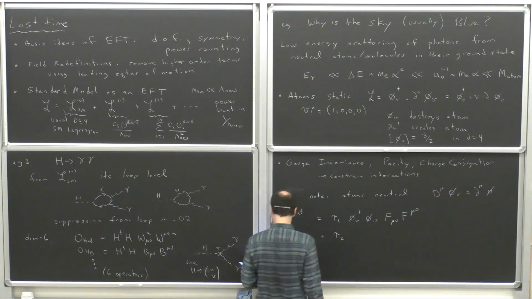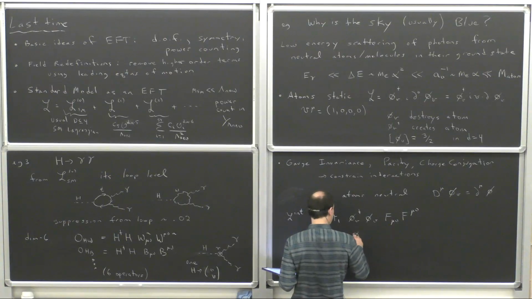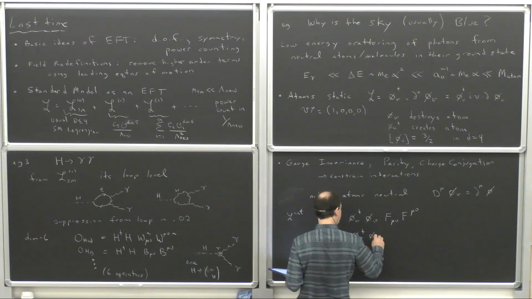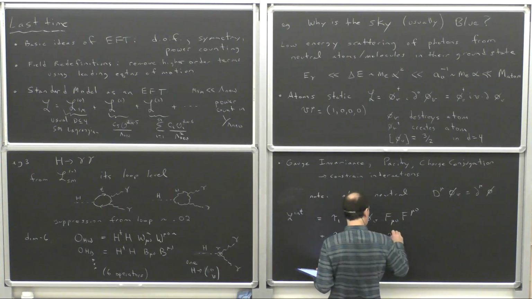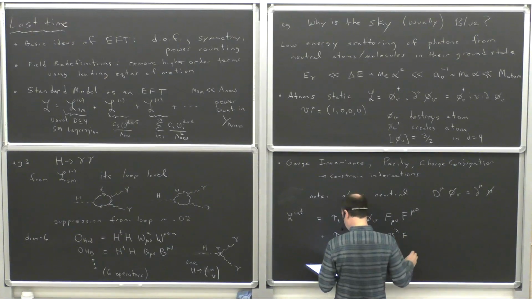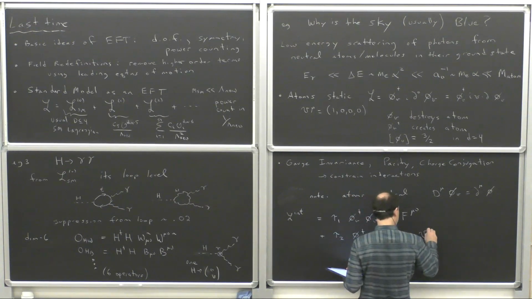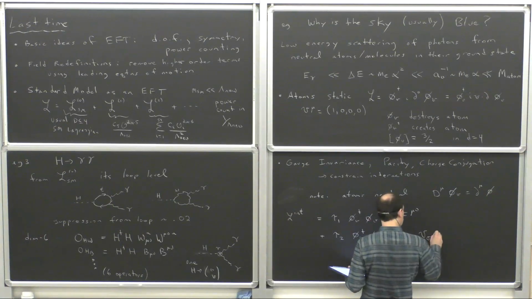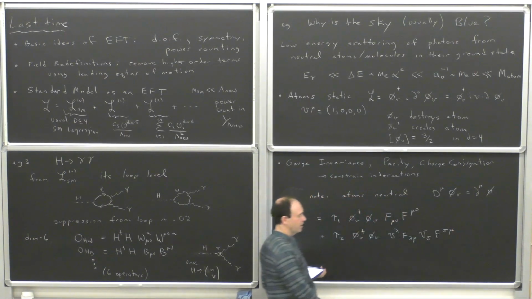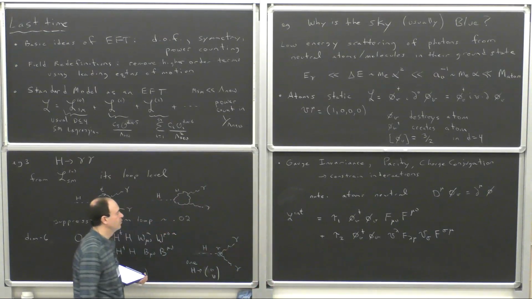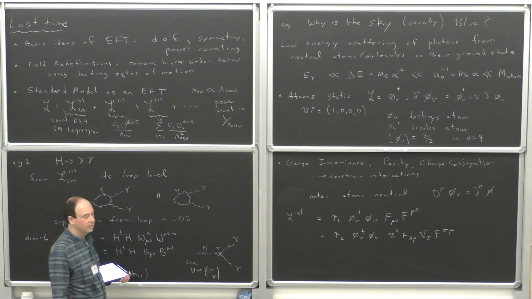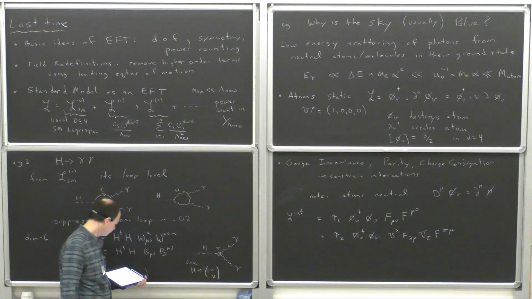Because of the availability of V, it turns out that there's a second operator we could write down that couples atoms and photons. So I could just invoke some V's, and I can get an operator that looks like this that also works, picking out some time components of the photon. So both of these are good operators for this problem.